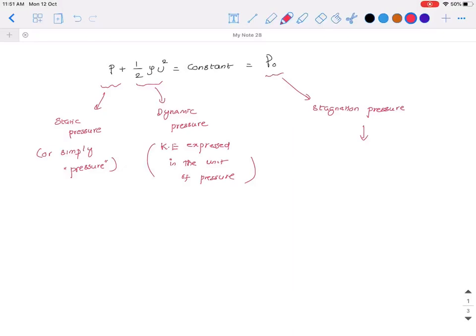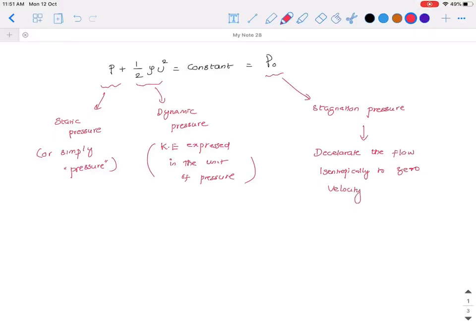Stagnation pressure is obtained when we decelerate the flow isentropically to zero velocity, and the pressure you obtain will be the stagnation pressure.